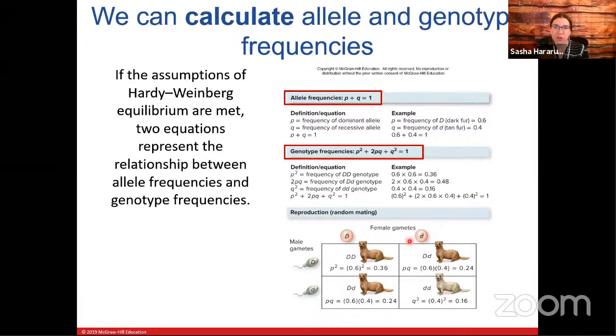You multiply these gametes by each other and you get all possible genotypes for the offspring: homozygous dominant, homozygous recessive, and heterozygous, which occurs twice because we have two heterozygous parents. To calculate the genotype frequency, you basically multiply the frequencies of individual alleles.